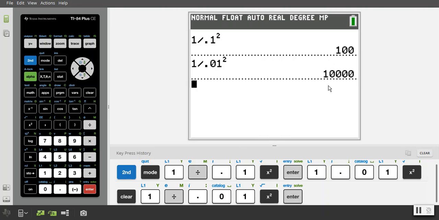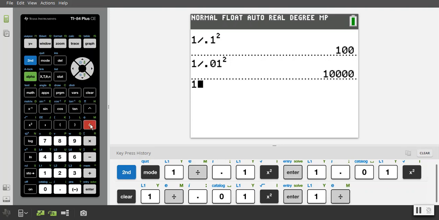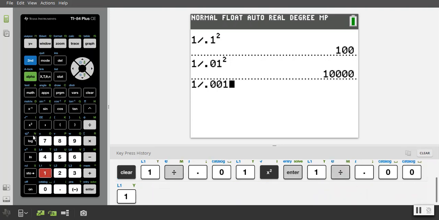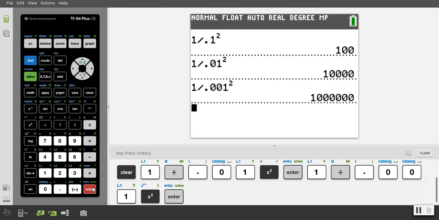So it goes from 100 to 10,000. And if we do another, such as 1 divided by 0.001 and we square that, now that's going to be 1 million. You can see that these values are getting bigger and bigger.